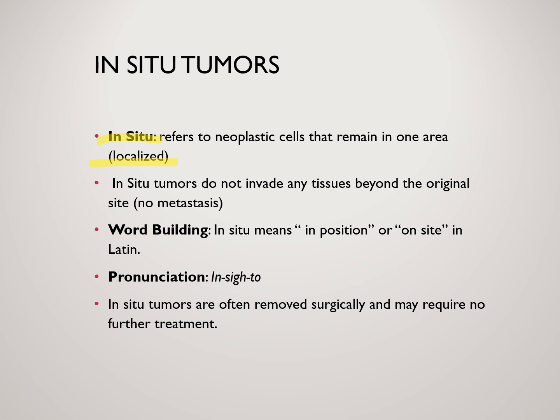My memory jogger that I use for in situ tumors is they sit in one place. In situ has the word sit in it. Sit in one place. They are not moving. They're not spreading.